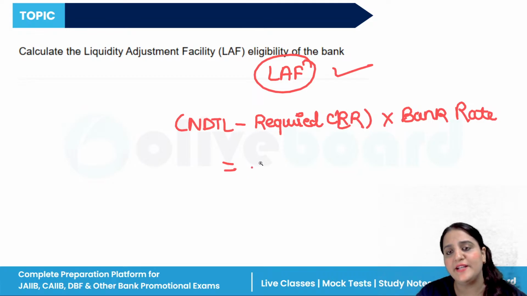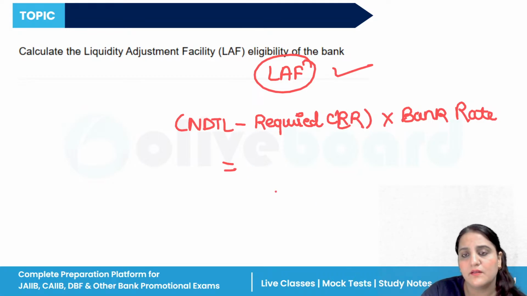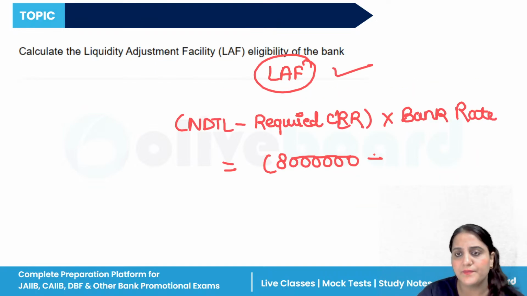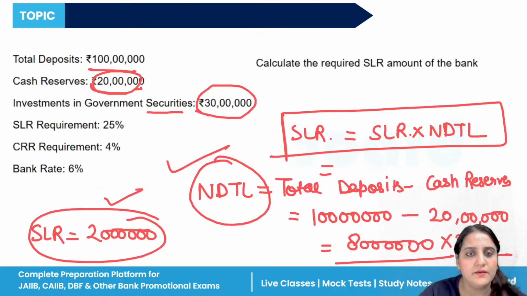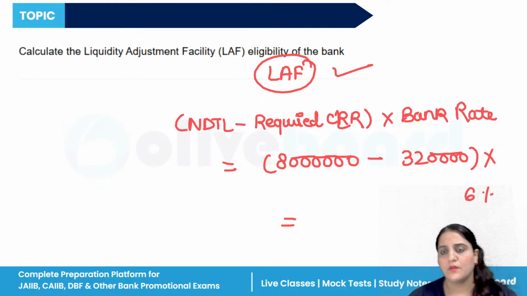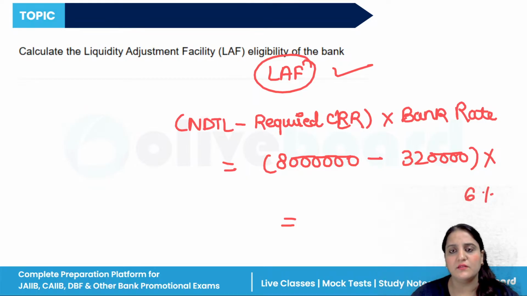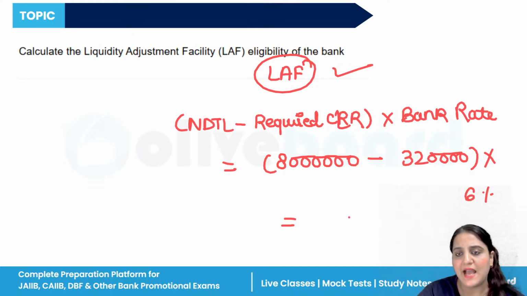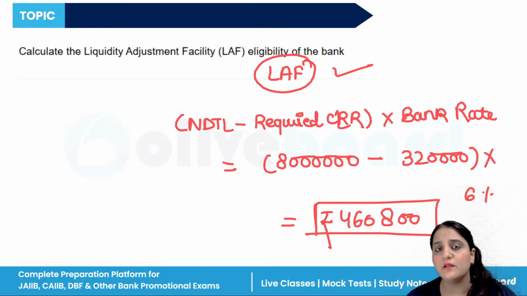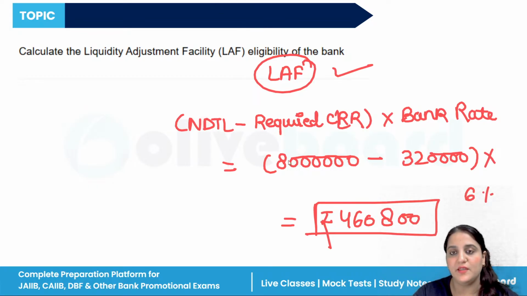So NDTL we calculated as 80 lakh and required CRR is 3,20,000. And what is the bank rate? 6%. So after calculation, this is about 4,60,800. Clear? How to calculate different things?